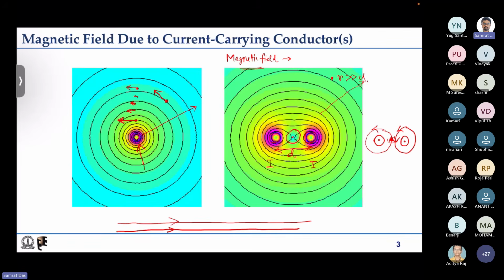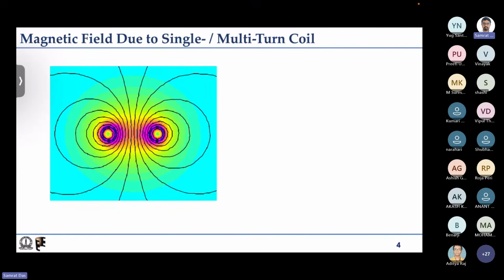Next we'll go to the case of a turn. Say we have some bobbin kind of a thing, a cylindrical thing, and we have some conductor going like this, going all around the other side, and coming back like this. I think you are able to visualize what I mean.